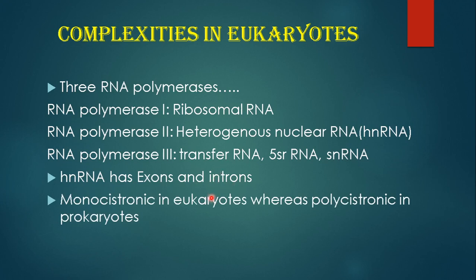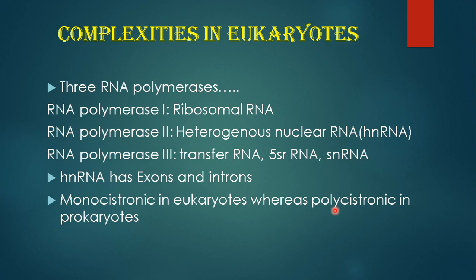Furthermore, in prokaryotes, we have polycistronic genes. Cistron means the gene when it is coding for a polypeptide. When the gene is expressing in the form of a protein, it is called a cistron. When it is a unit of protein formation, we call it a cistron.